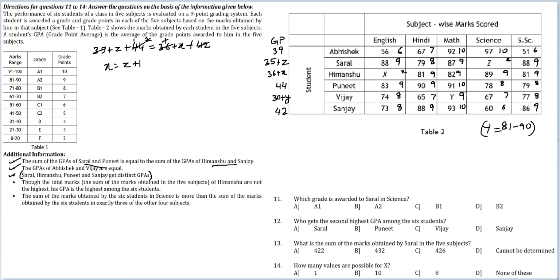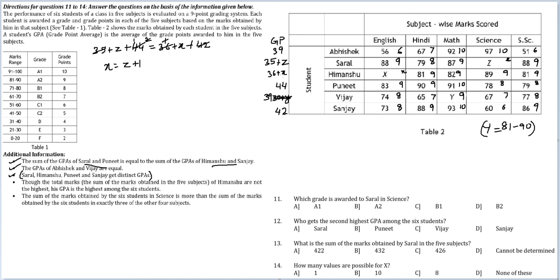Okay. For Vijay, I know his GPA is 39. For Sanjay, it is 42. For Puneet, it is 44. For Abhishek, it is 39. Saral and Himanshu, because X is one more than Z, I can say Himanshu has 2 more grade points than Saral. All I have to do is ensure Himanshu's grade point total is more than Puneet. Okay.